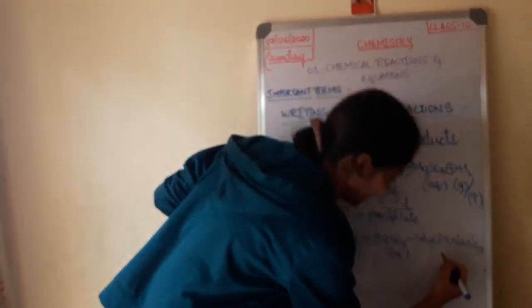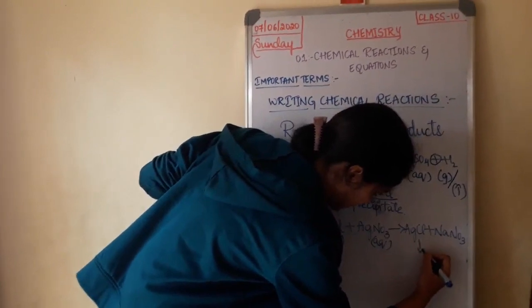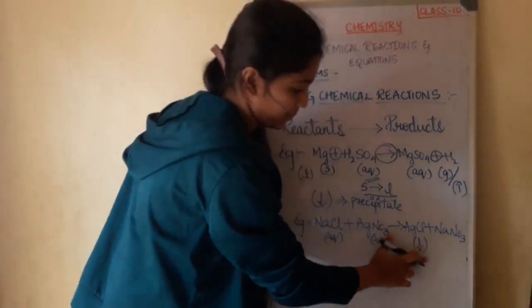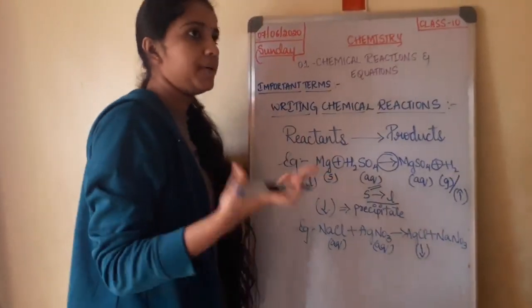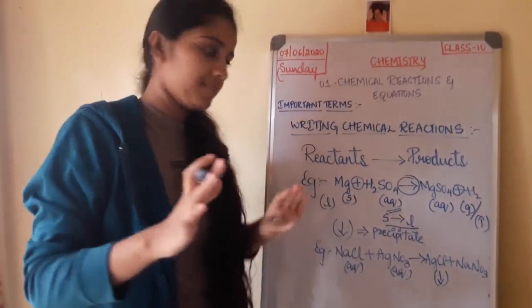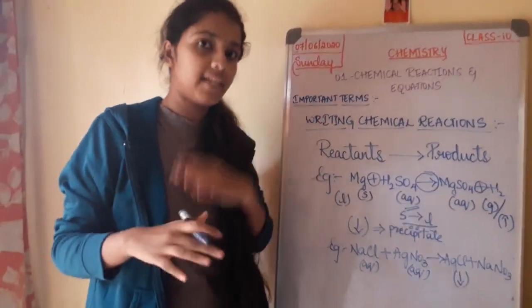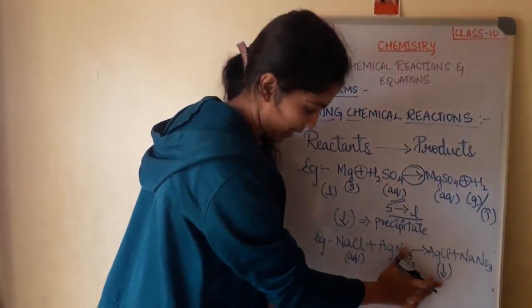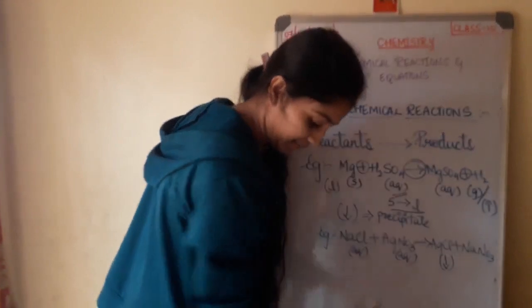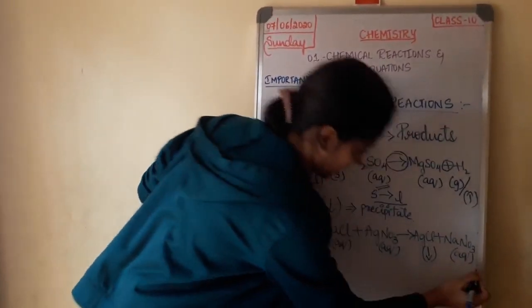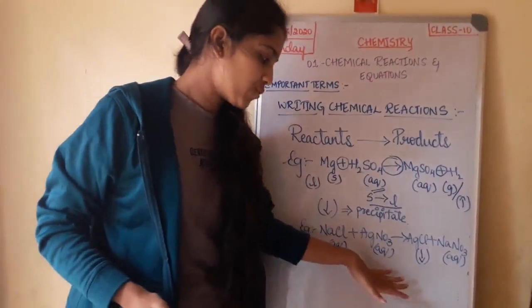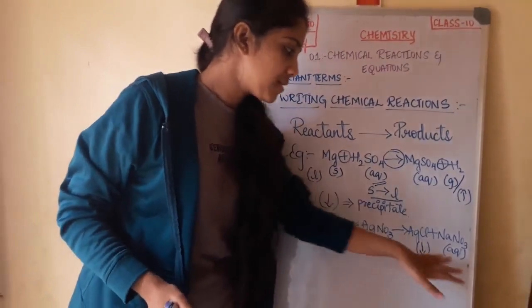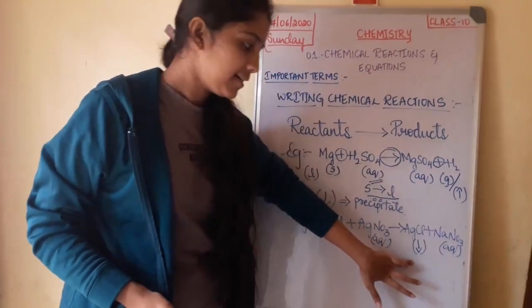Silver chloride is in the precipitate state. This precipitate state is something that is insoluble in water, that is water insoluble. This generally settles down after the reaction. And sodium nitrate is also in the aqueous state. Now, after sodium chloride reacts with silver nitrate, it forms sodium nitrate and silver chloride.